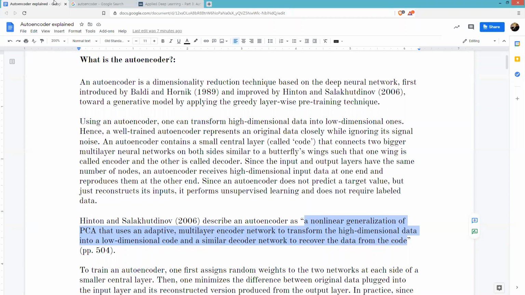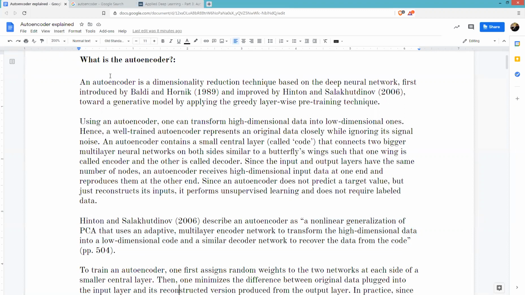It is a bit similar to PCA, but PCA is a linear model, while an autoencoder is a non-linear model. Similar to PCA, it transforms the high dimensional data into a low dimensional code at the center, and a similar decoder network recovers the data from the central code.